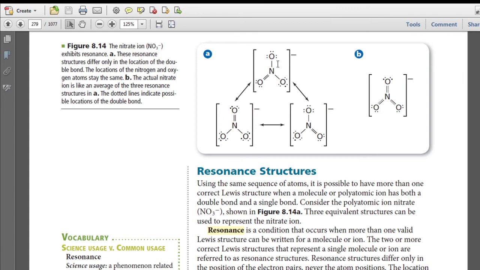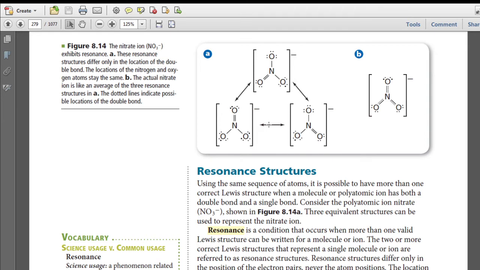When we do the Lewis structure for the polyatomic ion that we just did in the last example, you can get this compound with the double bond on this oxygen, but that's not to say that you can't have the double bond on this oxygen, and that's not to say that you can't have the double bond on this oxygen. You can have them on 3 different oxygens, and all of them are valid.